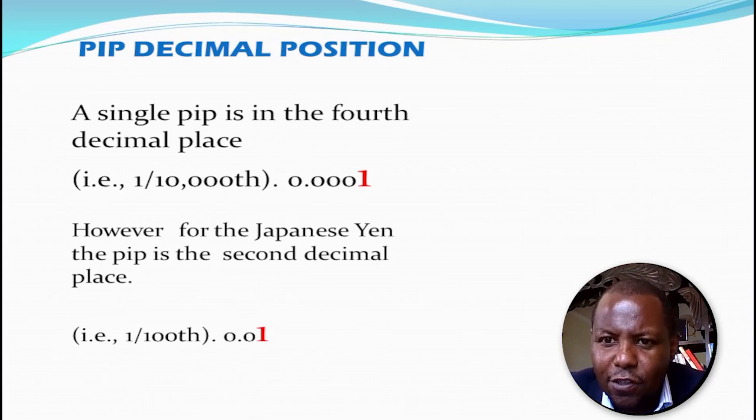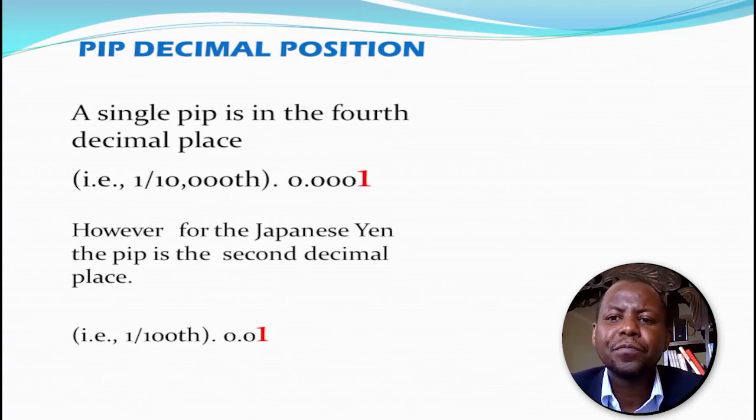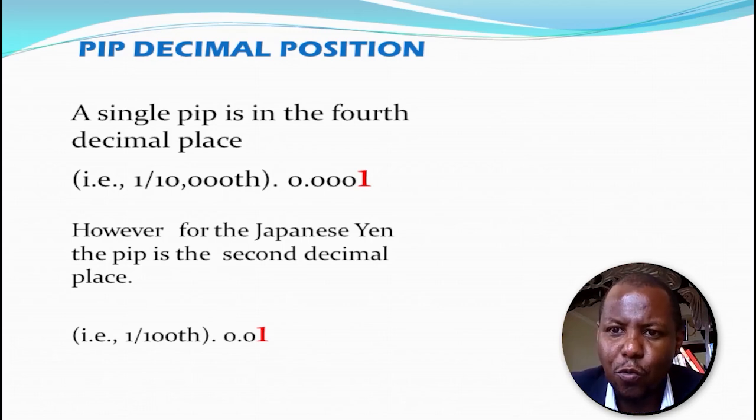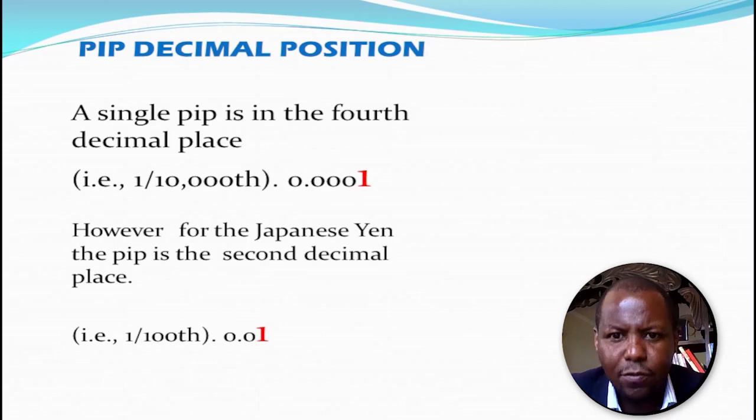So this here, 0.0, the one here, when this moves to 2 or to 3 or to 4, that's a pip. If this was 2 and it moves to 3.1, now that's 10 pips that have gone up or down, whatever the case would be.